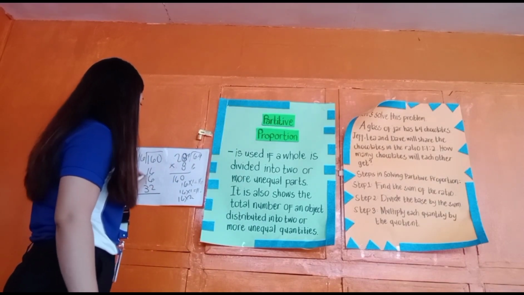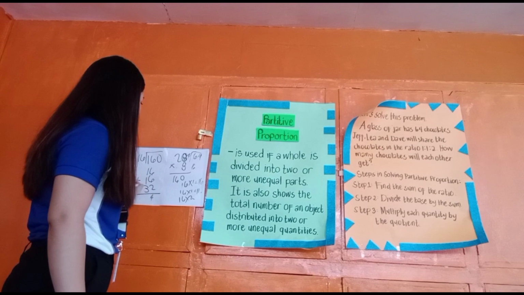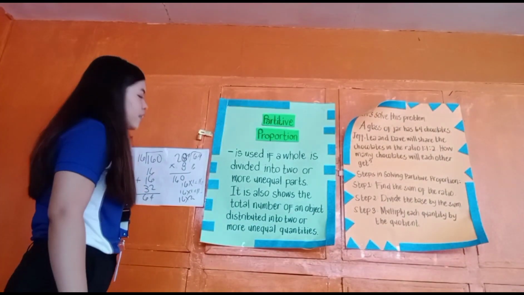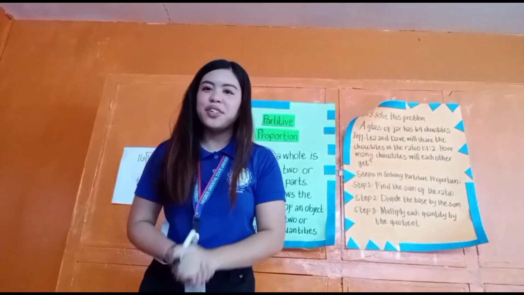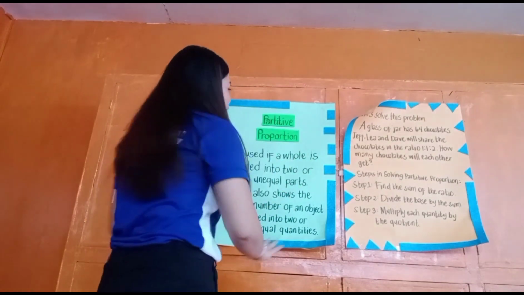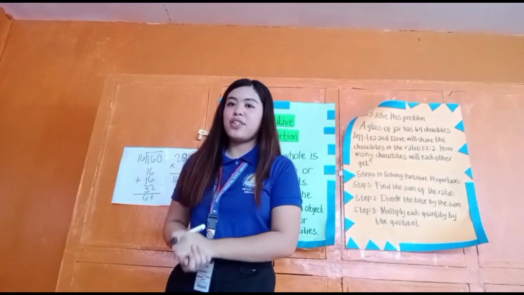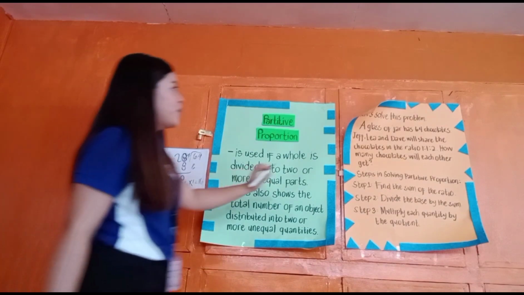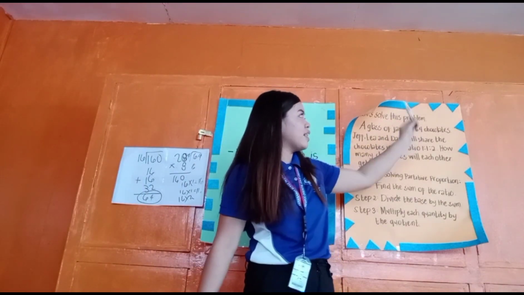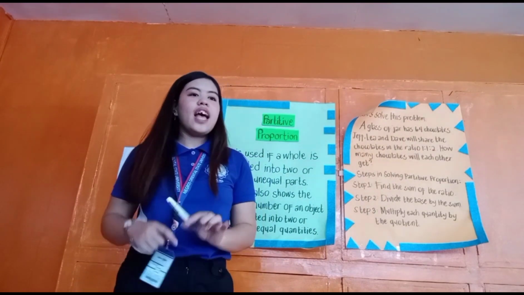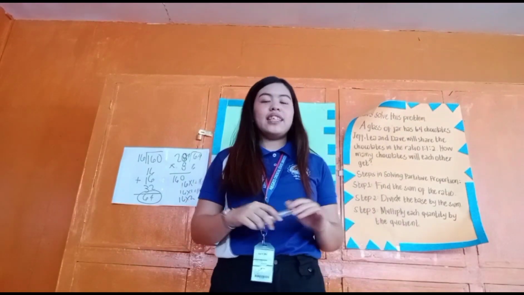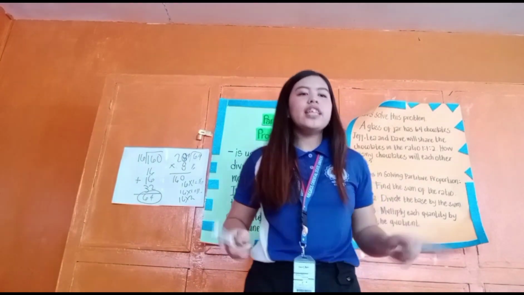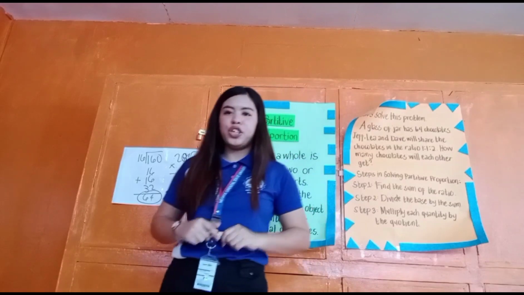So our answer is correct. 64 is the total. Here we see that there are 64 chocolates. Always remember, class, that in partitive proportion, a whole is divided into parts that are proportional to the given ratio.